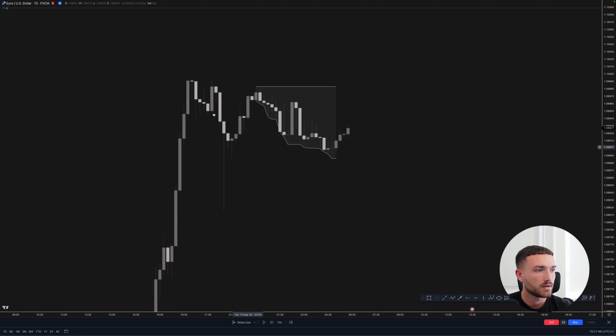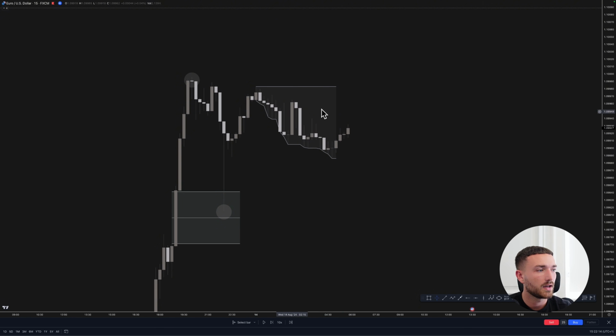We have that high that was put in here, and then we also got this low from that wick. That actually filled on the 15-minute, this inefficiency in here. So it's very balanced in terms of the nearest balance points or inefficiency. Now I've got this high and that low put in place, internally in here.